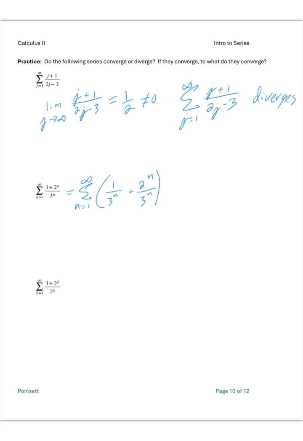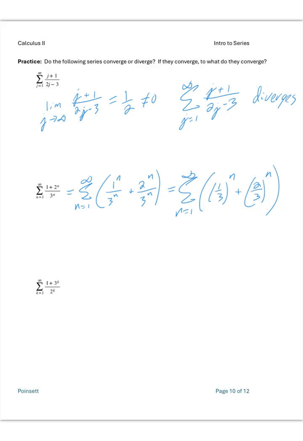We can also write each of these as exponential expressions. Since 1 is the same thing as 1 to the n for finite n, this can be rewritten as the sum as n goes from 1 to infinity of (1/3) to the n power plus (2/3) to the n power.